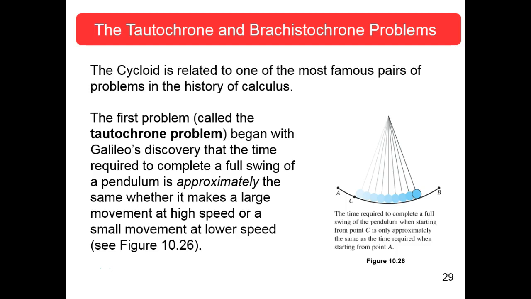The time required to complete a full swing of the pendulum, starting either from C or from A, is going to be about the same, because C is not going to go as far. It's going more slowly, but it won't go as far. A to B will go faster, but it'll go a longer distance, and the time is going to be the same. Galileo discovered that.